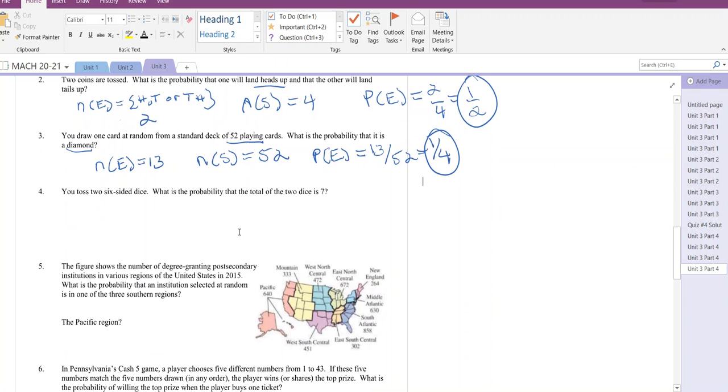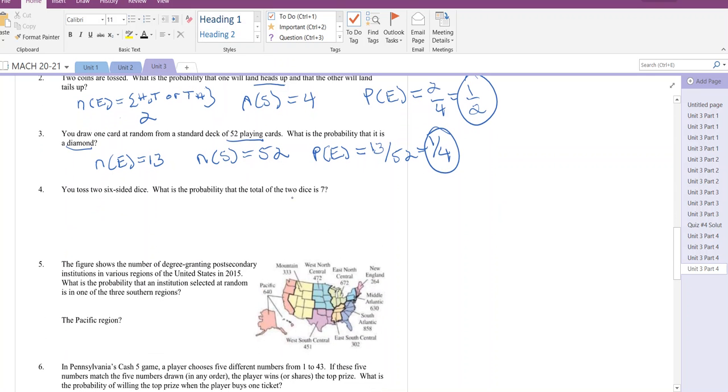You toss 2 6-sided dice. What is the probability that the total of the 2 dice is 7? If you list the ways to get a 7, it could be 1 and 6, or 6 and 1, 3 and 4, 4 and 3, 2 and 5, 5 and 2. So there are 6 ways for that to happen.